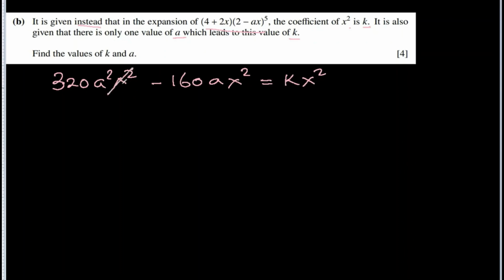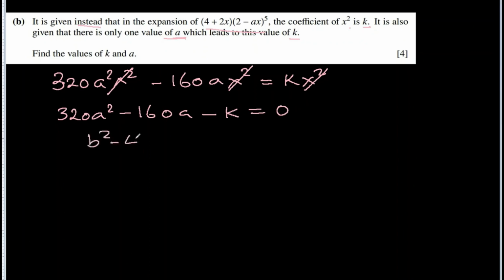So again we will remove x squares, they have no job here. So let's move k to the left side. 320 a square minus 160 a minus k equal to 0. And now we want only one value of a. So whenever a quadratic expression has only one root, that means the b square minus 4ac, which is the discriminant, is equal to 0.